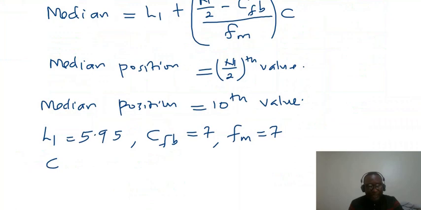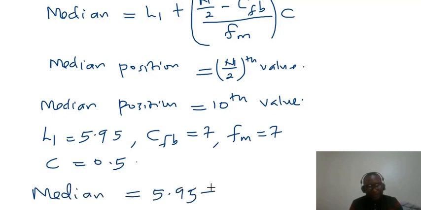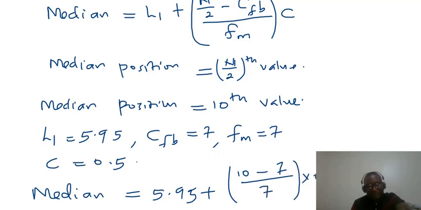And we know the class size as 0.5. So we can now substitute in there to get the median. This is going to be equal to 5.95 plus N over 2 is 10 minus cumulative frequency before is 7 divided by frequency of the median class, which is 7 times 0.5.